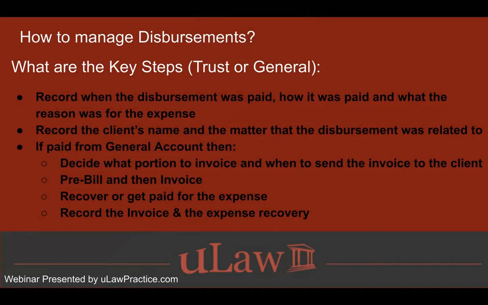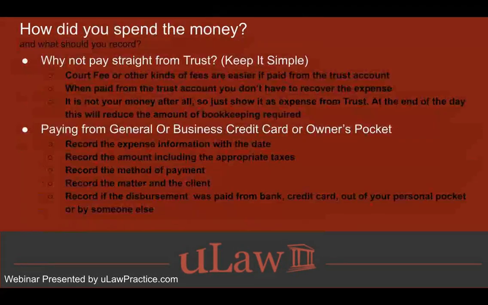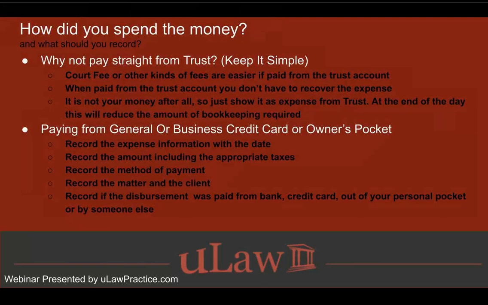When you record it outside, it's mostly not allocated to a client. It's probably allocated to the business. So if it is paid from general, then make sure to decide how much you're charging your client and how much you've paid, like invoice, recover the expense from the client, and then pay yourself by transferring that money into your account. So there are a few steps involved when it comes to disbursement.